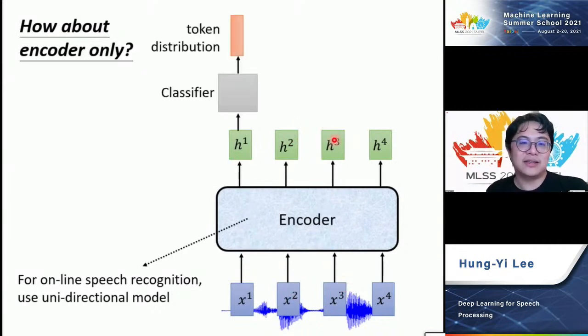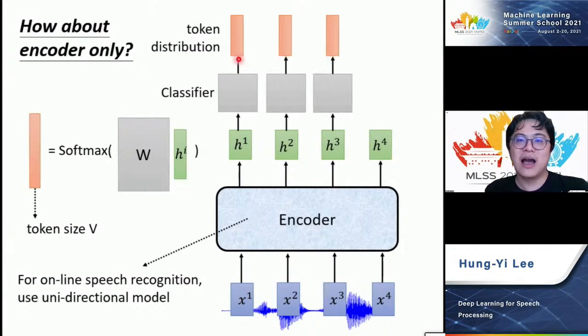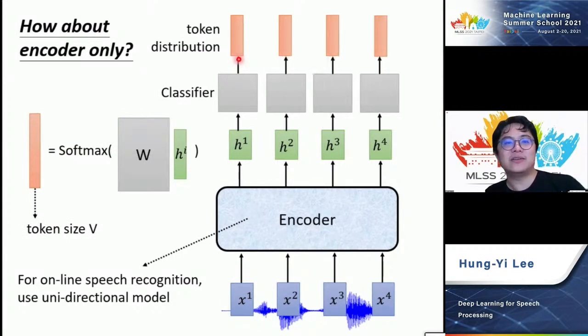Then we do not need a decoder. We simply take a classifier. The classifier takes this H as input and outputs the token distribution. The classifier tries to directly determine which token this small segment, this frame, belongs to. However, if you directly use this strategy, there will be an issue.